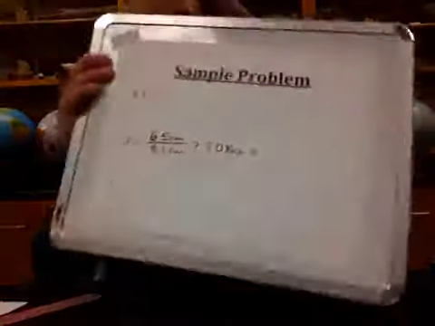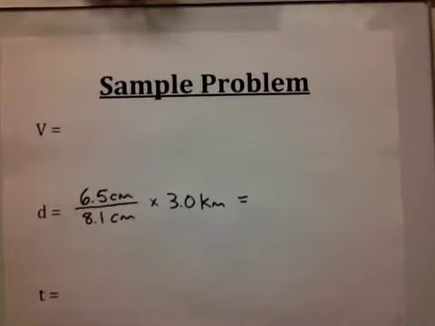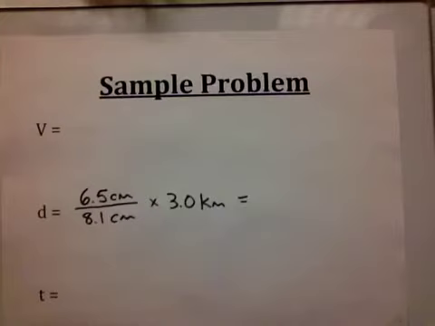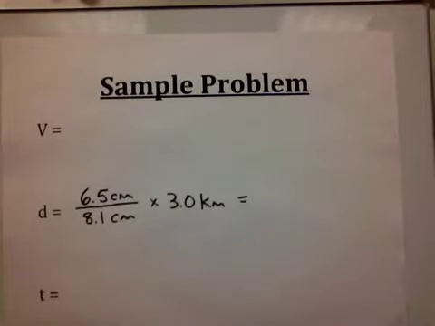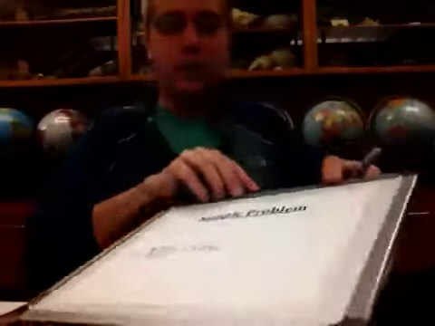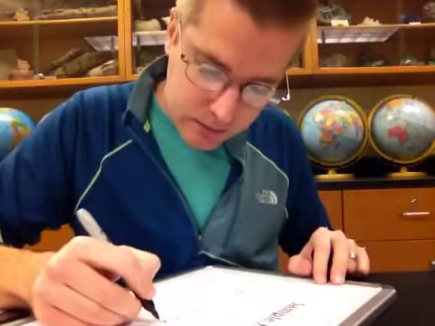And what we see when we're solving for distance is that the centimeters that we measured with our ruler are going to cancel out because one is on the top and one is on the bottom. So in your calculator you say 6.5 divided by 8.1 times 3, and the answer we get is 2.41 kilometers. So write that down.